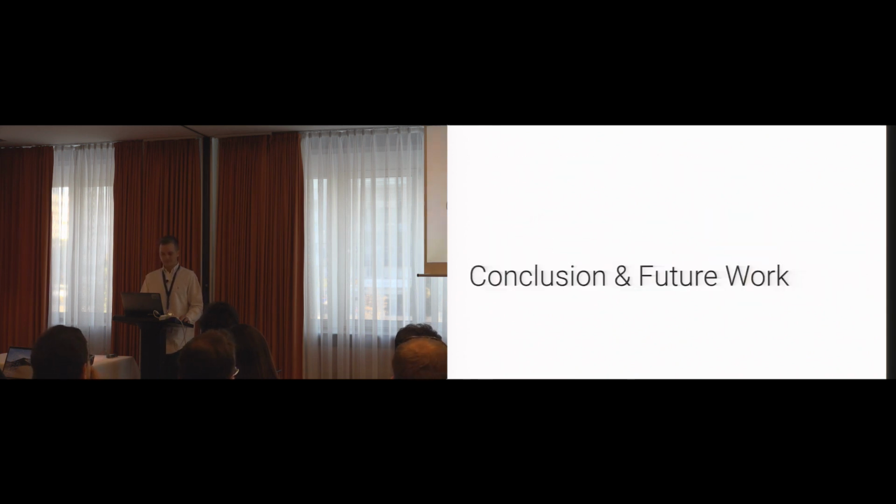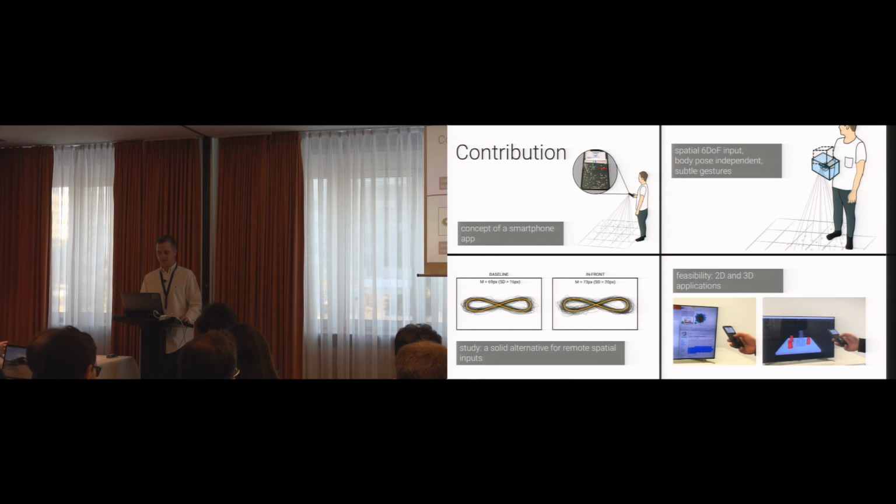To conclude, we present an inexpensive, accessible, and easy-to-use SIGCHI input controller in the form of a smartphone app called Pocket6. We present a simple and efficient auto-calibration algorithm which adapts the user's control space whenever they change their position, orientation, or posture.